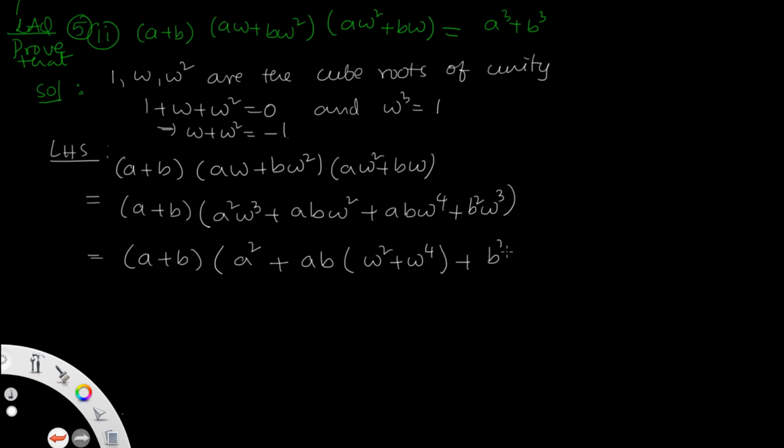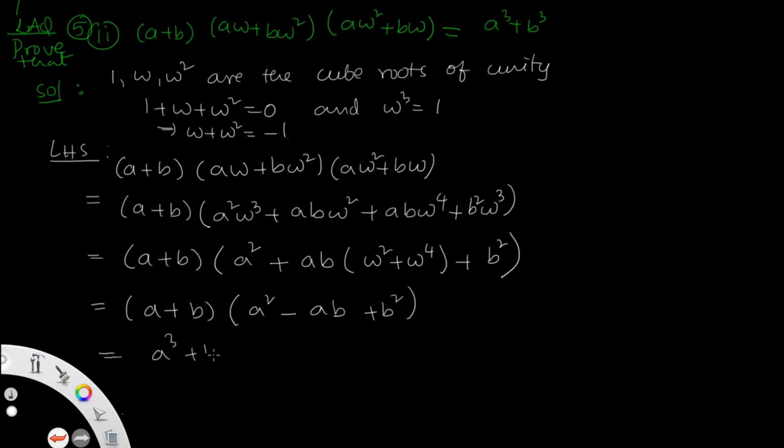Why? Because ω³ is 1. Then ω⁴ is nothing but ω, and ω + ω² is nothing but minus 1. Then minus 1 plus b². That is nothing but a³ + b³.